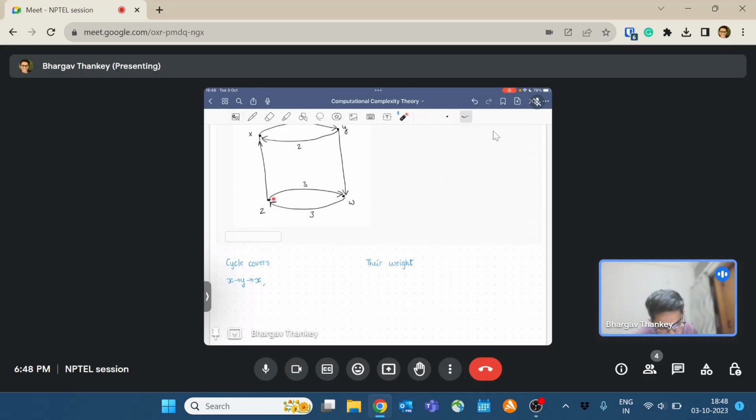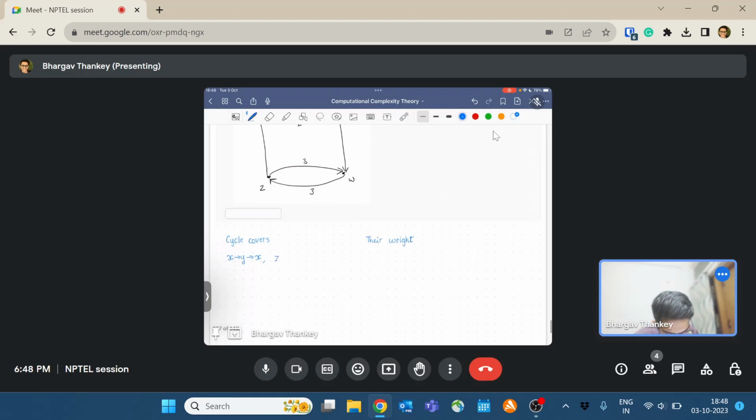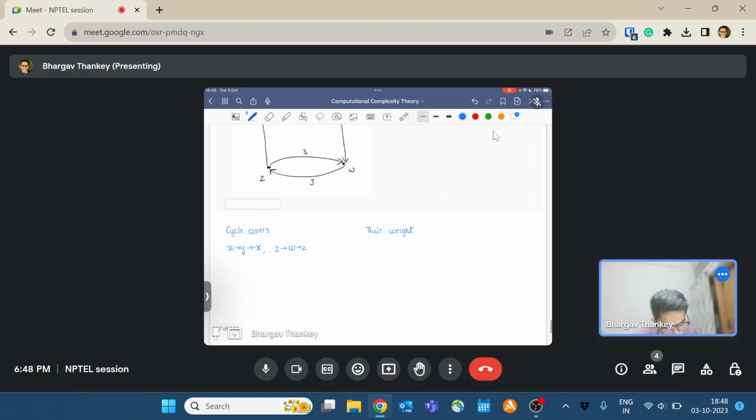Let's start at Z. Now we have only one option. We can't go back to X because then the cycles won't be disjoint. So we'll have to go to W and then from W come back to Z. So this is one cycle cover.